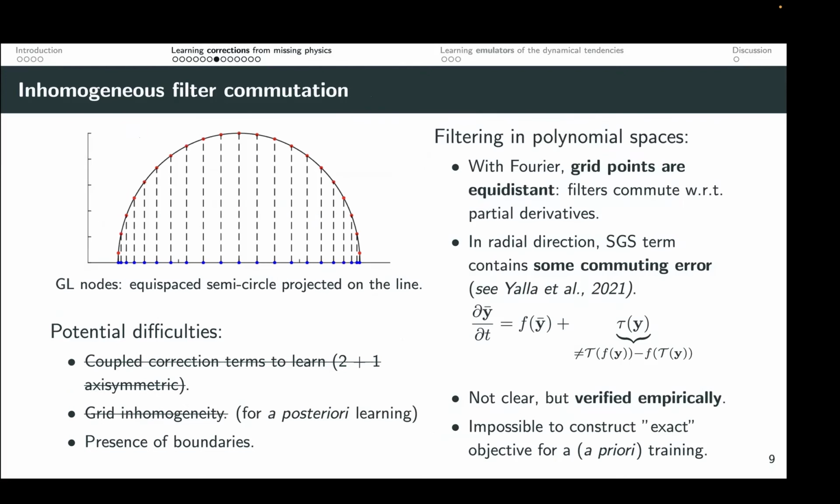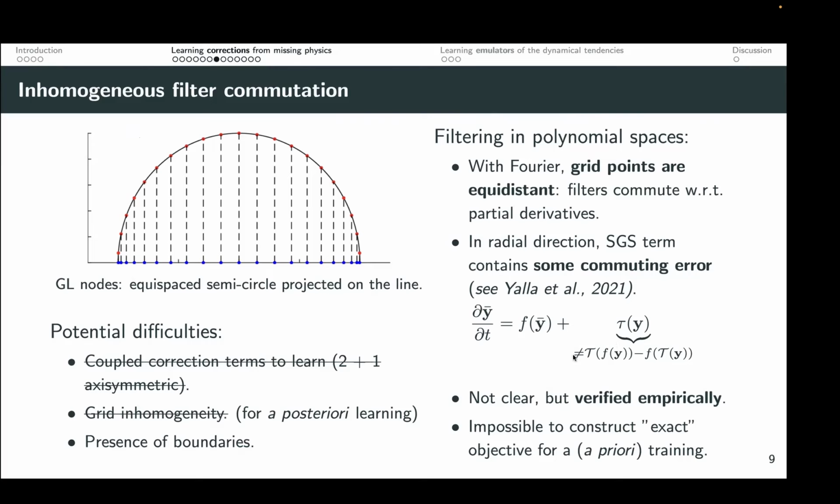And so there was the first problem: when we filter the original high resolution field, we have some problems because the grid in the radial direction is not uniform. So when you apply a spectral filter, you have some additional error, which they call commuting error, that you have to take into account.